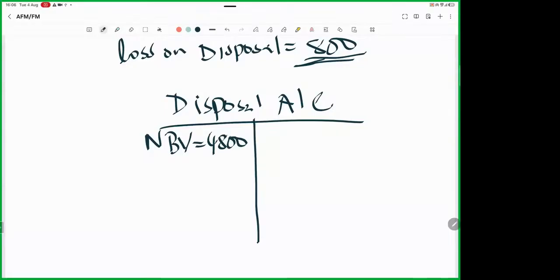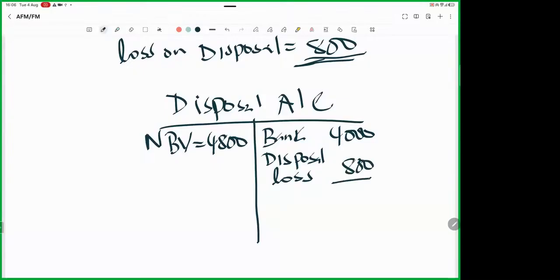And then you receive the money when selling the machine. When I receive the money, I debit bank, I credit disposal. So bank, 4,000. Then the balancing figure, if it comes on the credit side, becomes a disposal loss, which will be 800. So this is 4,800.